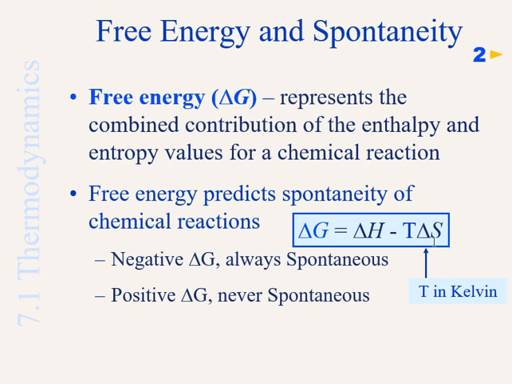This tells us how entropy depends ultimately on temperature. If a reaction is not spontaneous at low temperature, it can be spontaneous at high temperature, if the enthalpy is positive, if it's an endothermic reaction, and if the change in entropy is also positive, meaning that it is increasing the disorder of the reaction.